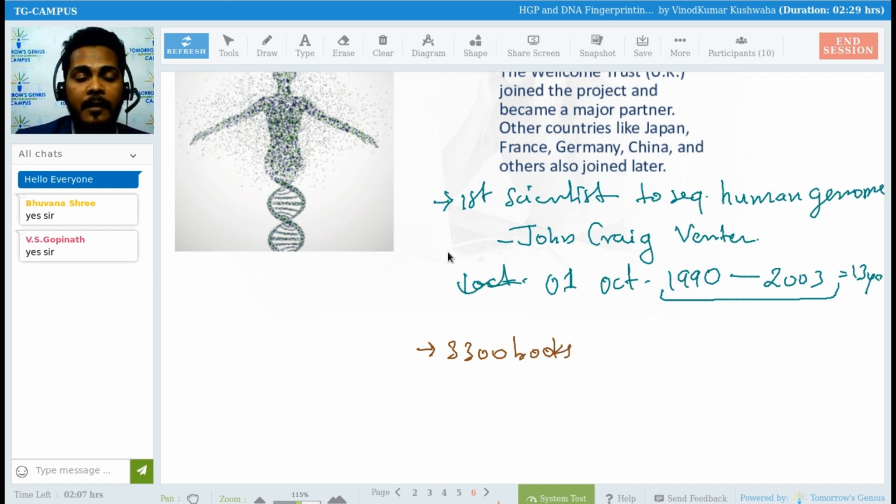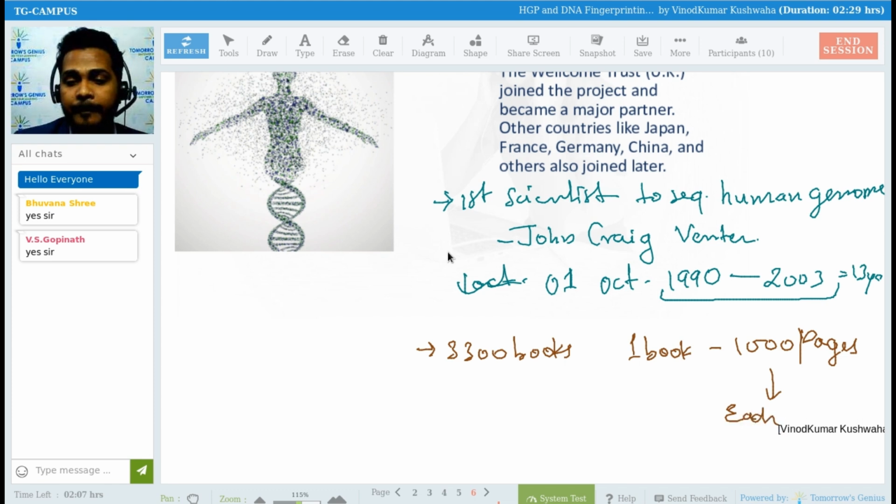Each book contains 1000 pages, and on each page there were 1000 typed letters. So these were the assumptions, and that's why this was considered a mega project.